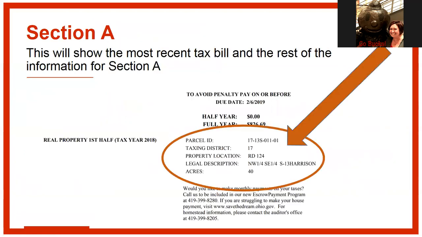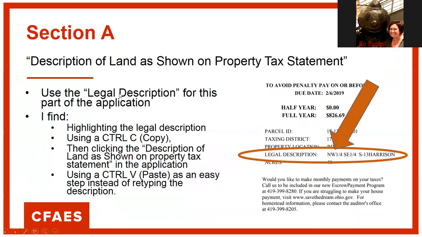So on your tax statement, what we're going to be looking at is the right-hand side. This information at the right, parcel ID, taxing district, property location, legal description, and acres is what we need to finish Section A. So the application says description of land as shown on property tax statement. At the side, you will see legal description, and that's what we will put in the application.